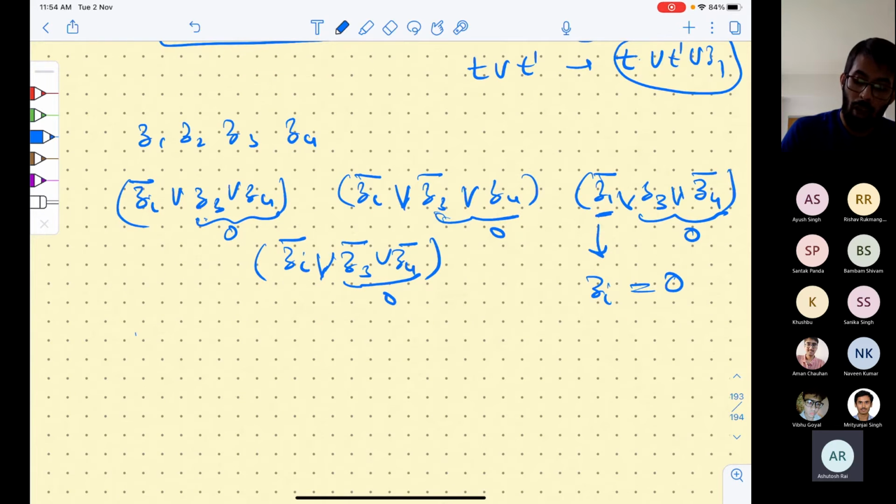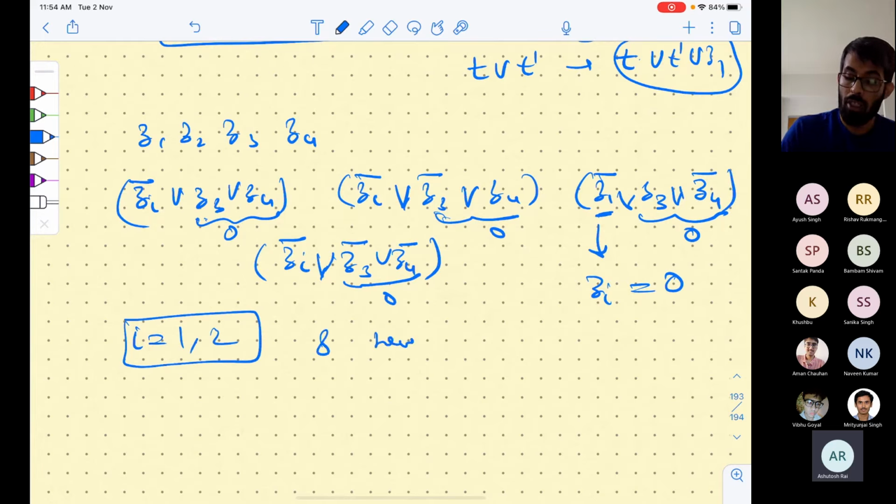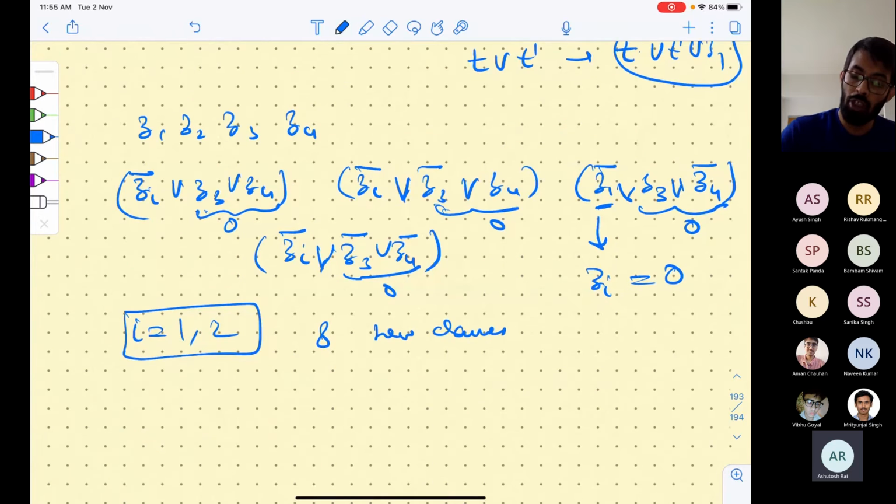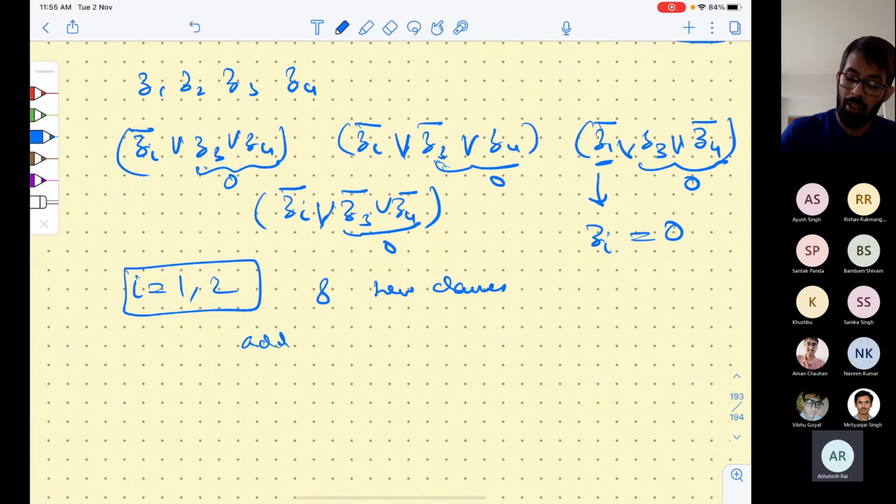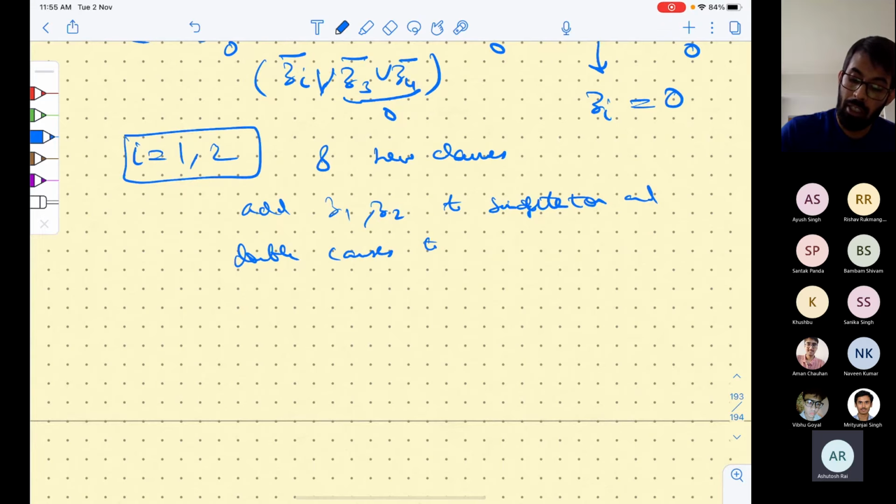So we add this for i equal to 1 and 2. So we add 8 new clauses, and we add these variables to the original clauses and add Z1 and Z2 to singleton and double clauses, and to get a 3 SAT instance.